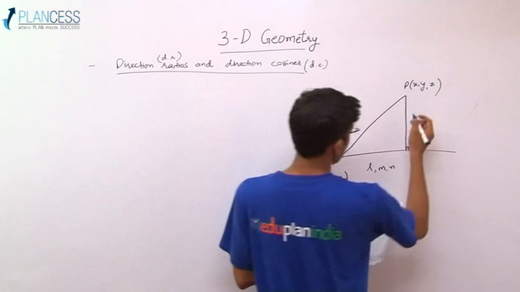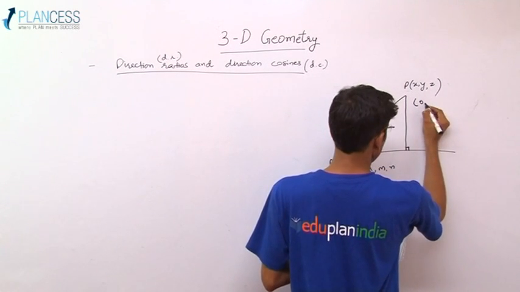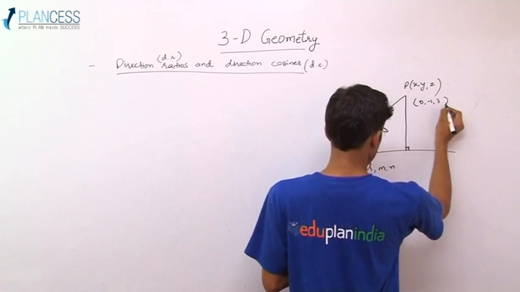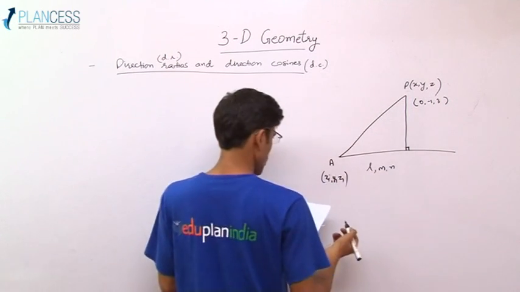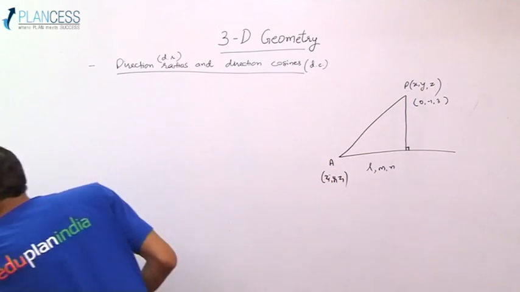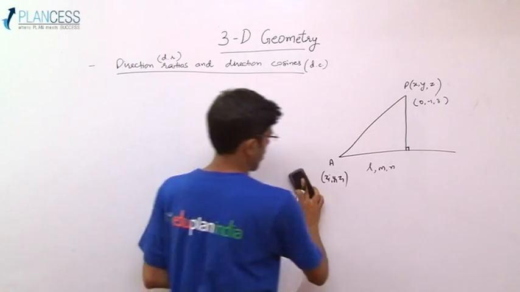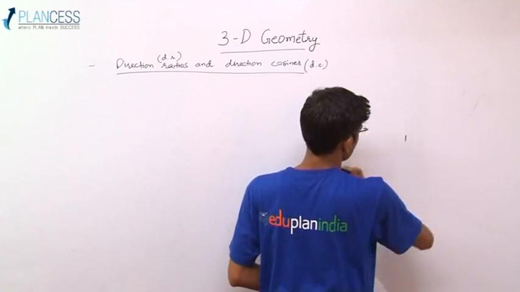Say this point P is given as (0, -1, 3). I'll reframe the question.